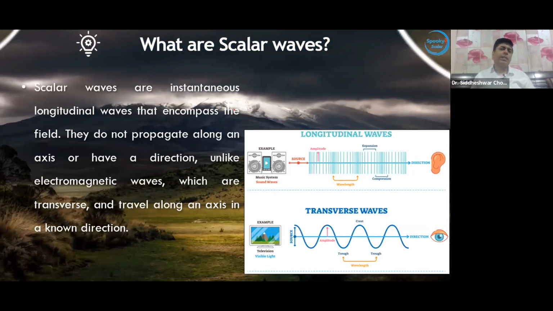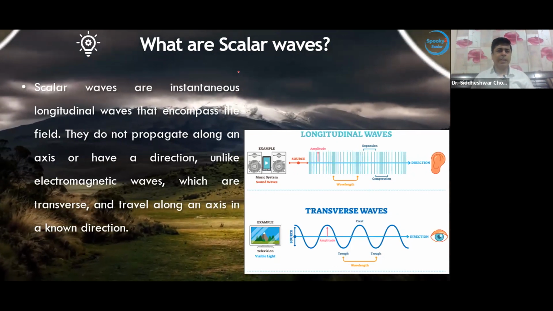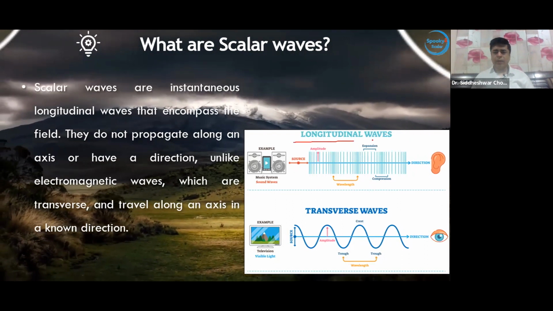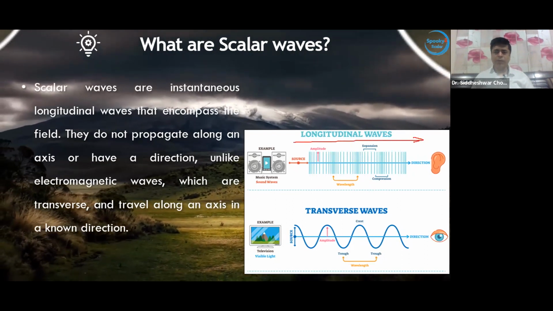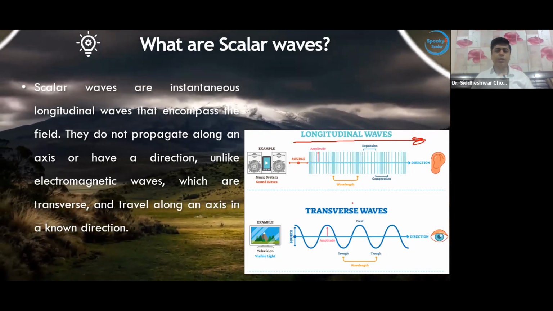So what are longitudinal waves, or scalar waves? As I said, scalar waves are longitudinal waves. How do we visualize a longitudinal wave? It is graphically very simple to see. In longitudinal waves, the motion of the particles is in the direction of propagation of the wave.